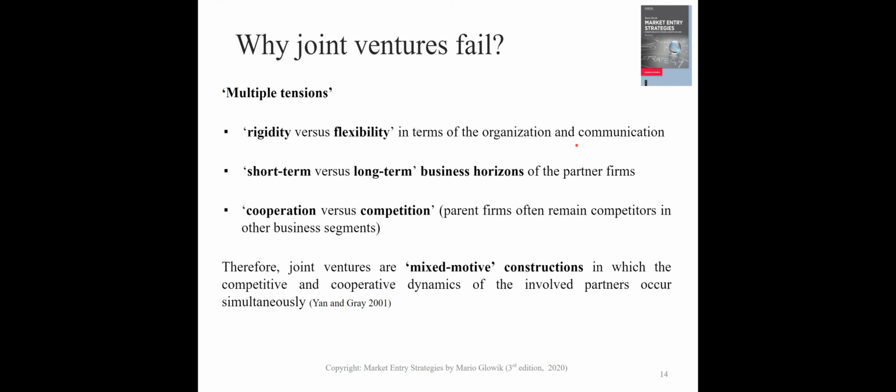Let's assume one joint venture partner favors a hierarchical organization and top-down communication policy, and on the other hand, the other joint venture partner favors flexible, less hierarchical structures and communication style. Then this provides a potential risk that the joint venture will fail.